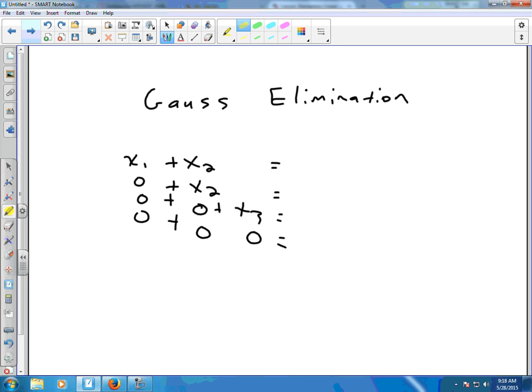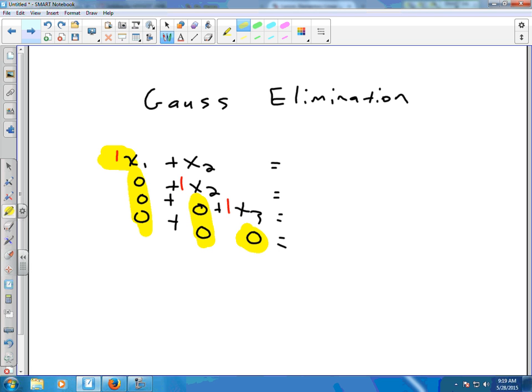So we begin by getting zeros under that one. Well, actually, I guess you would say you would begin by making that coefficient a 1 and then getting zeros. Then we would make that coefficient a 1 and get everything 0 underneath it. Make that one a 1 and get all zeros under it.